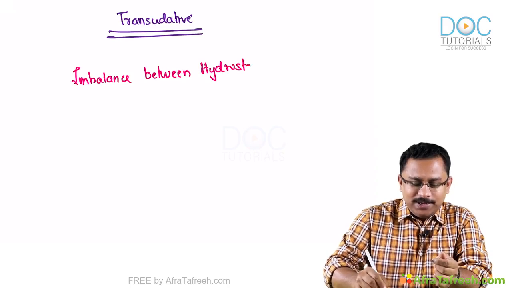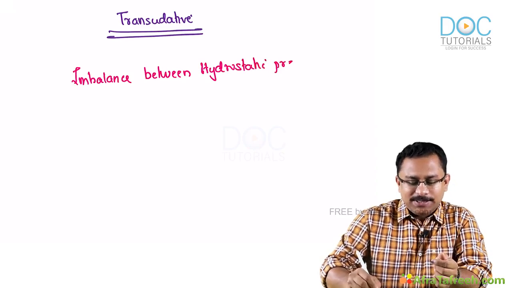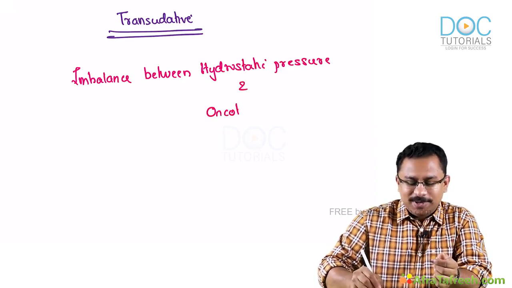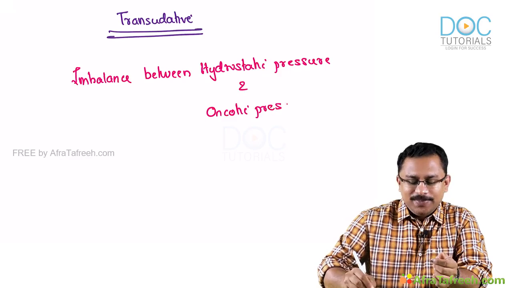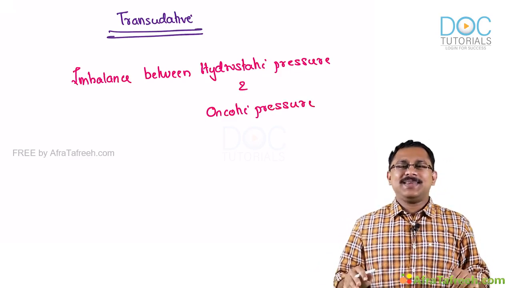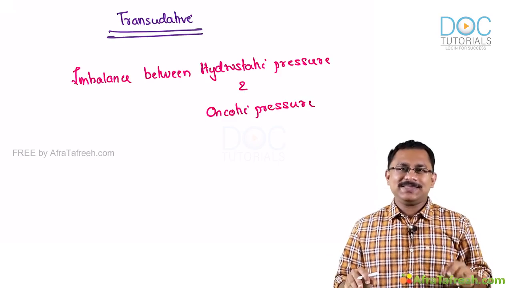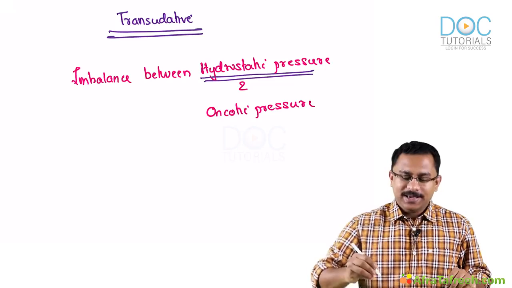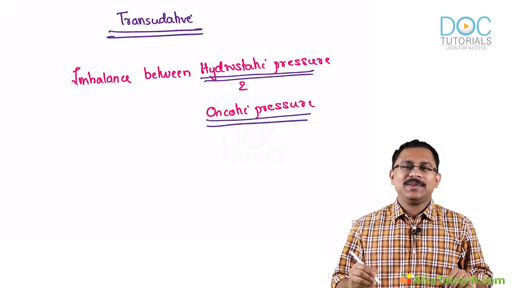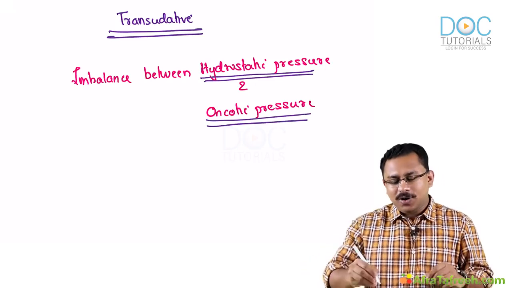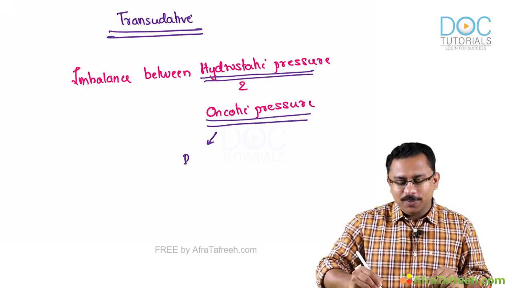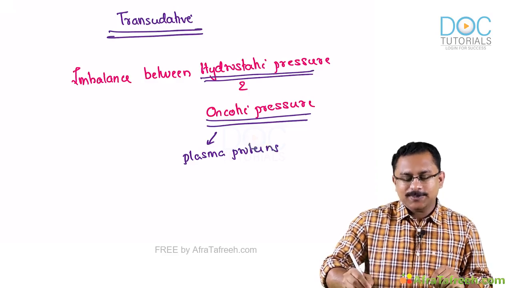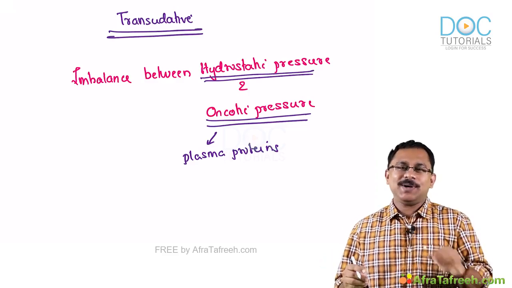When there is an imbalance between the hydrostatic and oncotic pressure, that is when you get a transudative effusion. What do I mean by this? Normally you have a hydrostatic pressure and an oncotic pressure, and you know that the oncotic pressure is predominantly contributed by the plasma proteins.